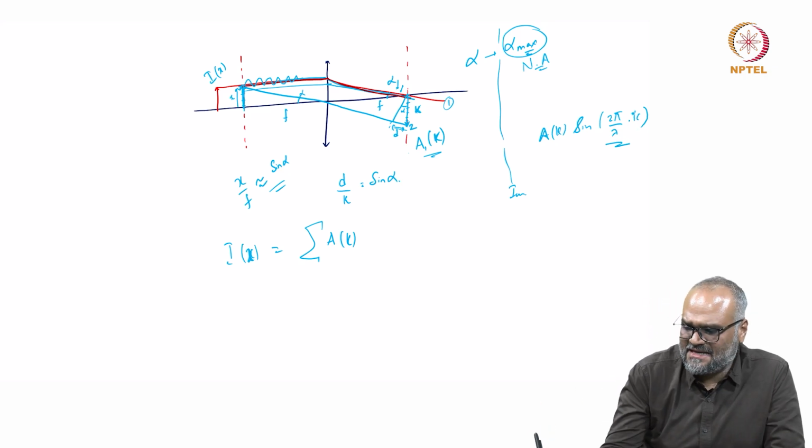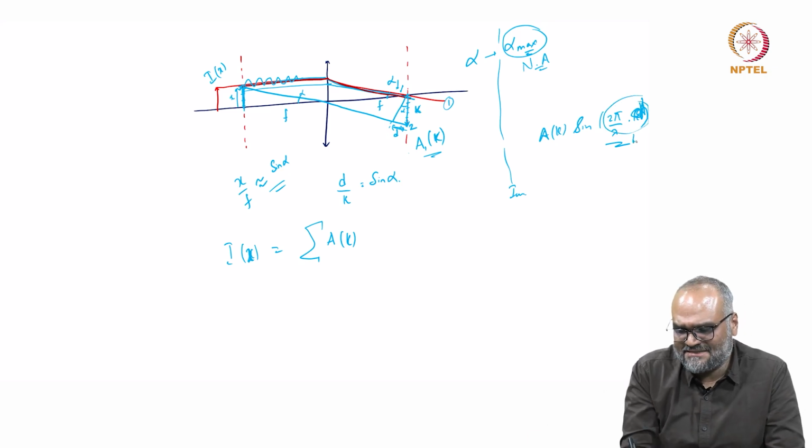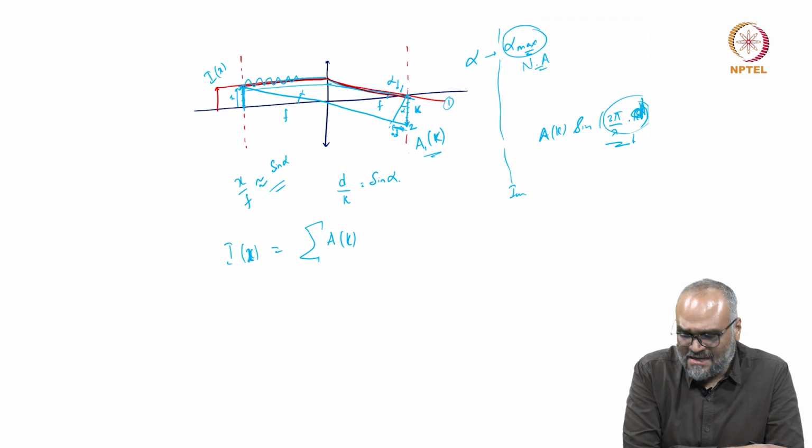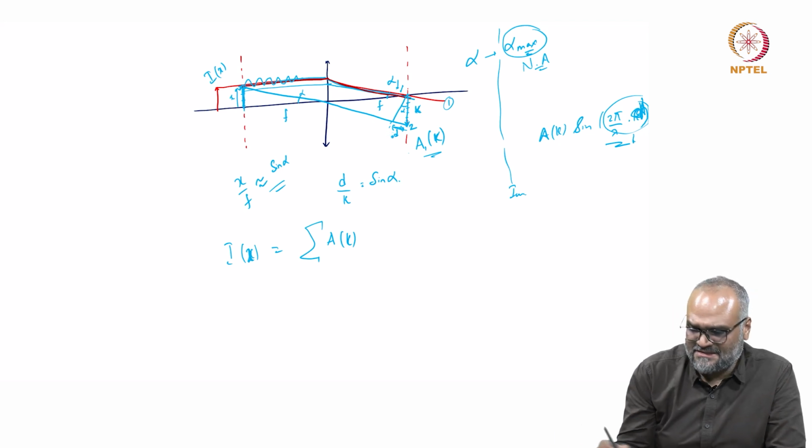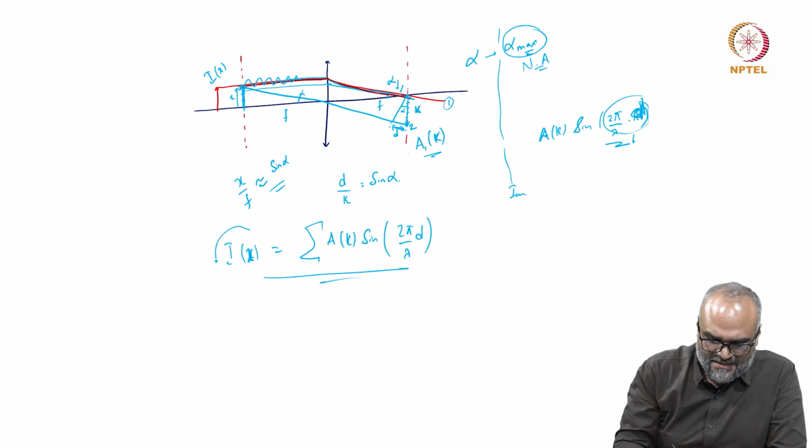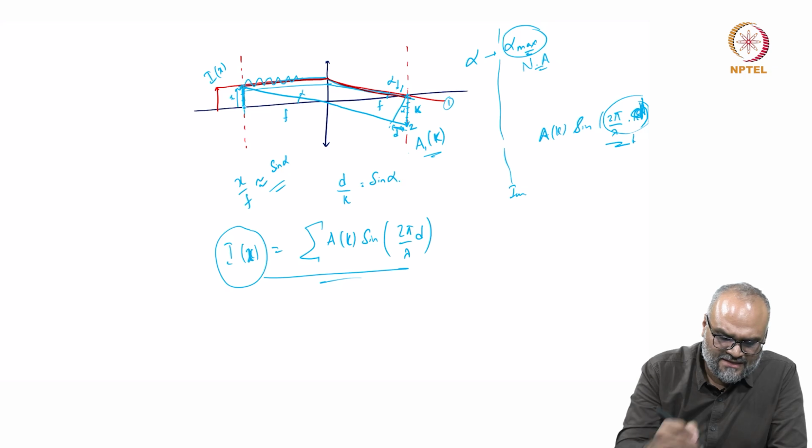Sorry, it's not k here, it is 2 pi by lambda. If I say d is the path difference here, I can write this d as the phase shift that is caused by the extra distance that this has propagated. And if I sum all such sine of 2 pi over lambda d's together, I can get the intensity distribution at the object plane.